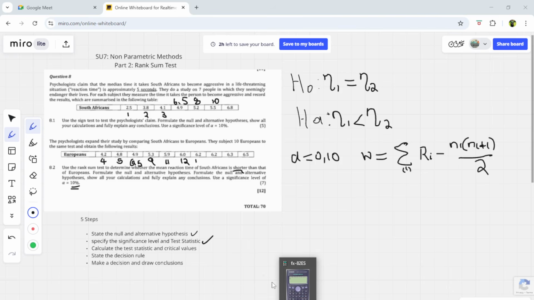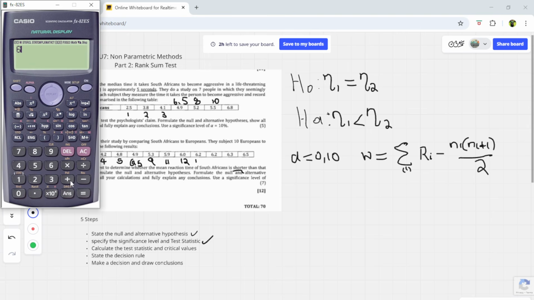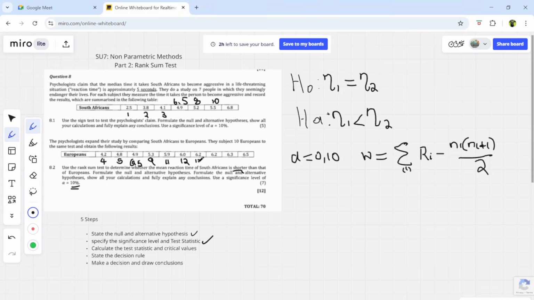So yeah, how we got those rankings, it was 6 plus 7 divided by 2, then it was 6.5 for those two rankings there. So now we're going to do the same for these ones here. It's ranking number 13 and number 14, so it's going to be 13 plus 14 divided by 2, which is going to give us 13.5 for both of them. So it's going to be 13.5 for this one, and 13.5 for this one as well.